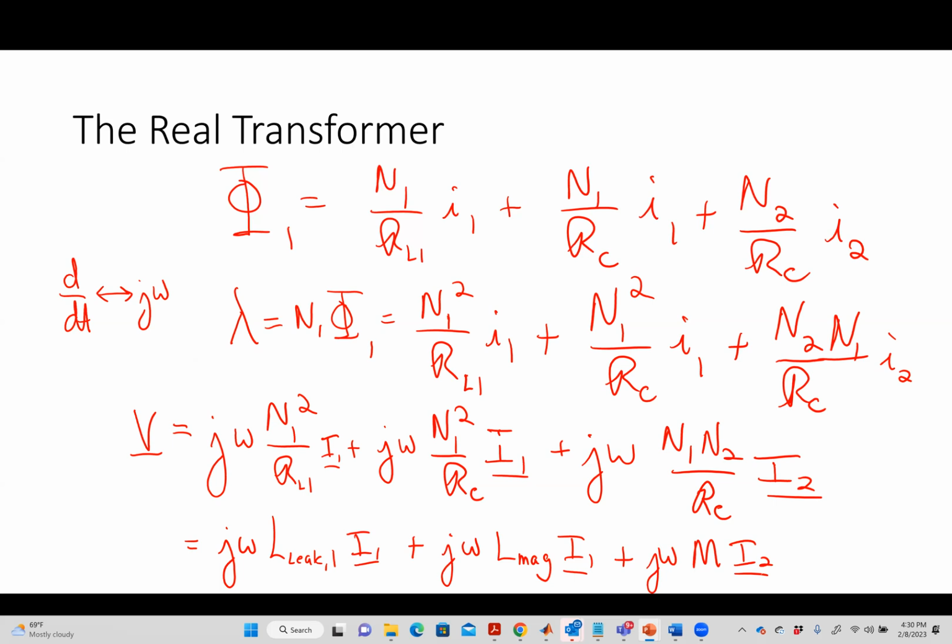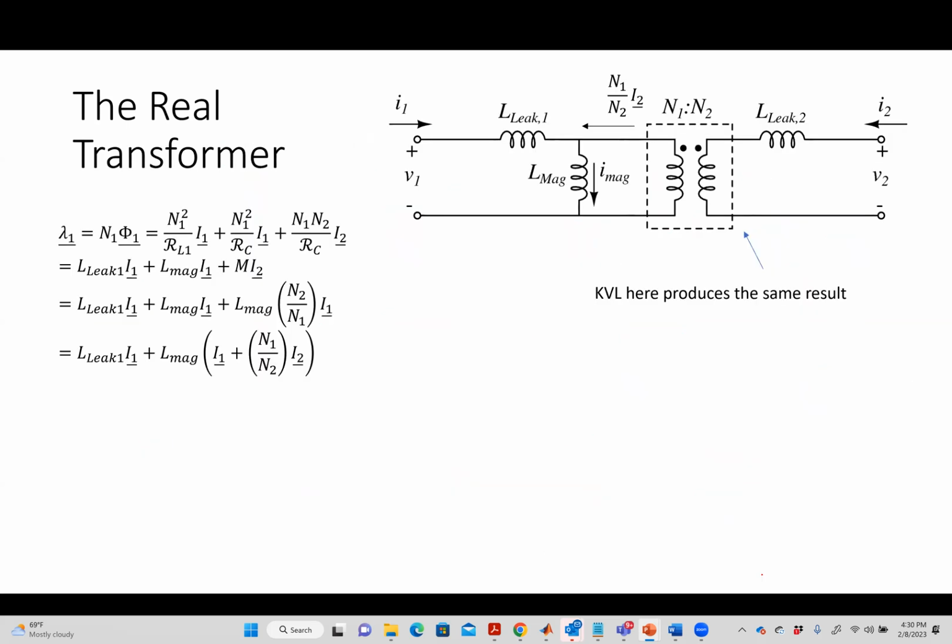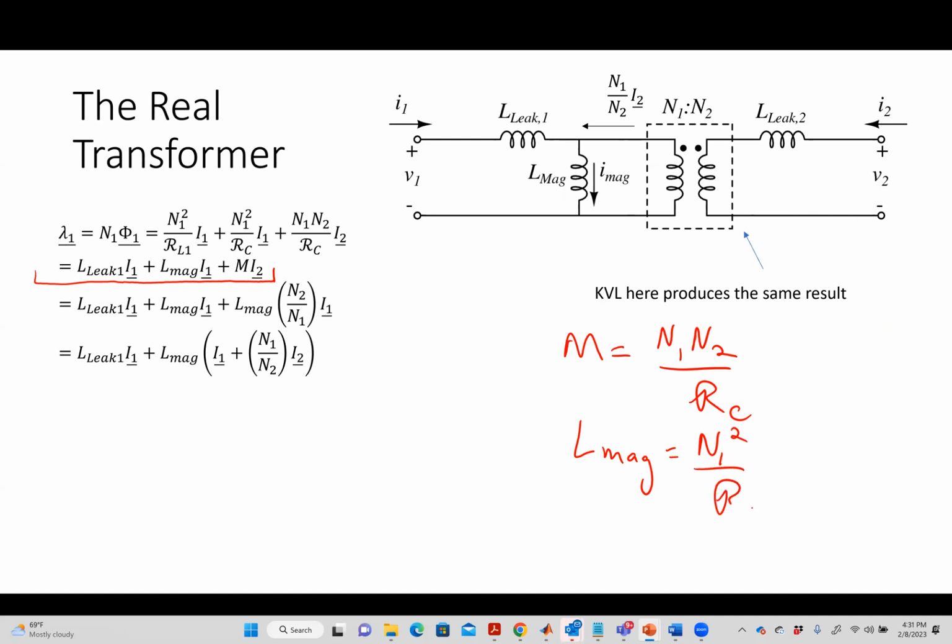What's M, what's L mag, right? When I look at this, the other jump that I make is this is what I just wrote on that last page, where M is equal to N1 N2 over the reluctance of the core, and I had that L mag equals N1 squared over the reluctance of the core.